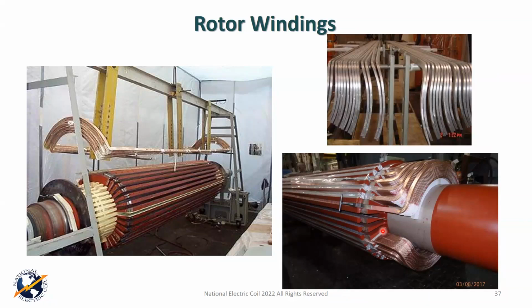You can see the extension of the slot liner right here, and then the coil comes out in this area. We see all this insulation that's extending out here in the corner. Those are corner pieces, and in between down here and out here on the ends, you have strip pieces of insulation that are insulating this coil turn to turn, okay? We have the ground insulation, which is the slot liner, all right?